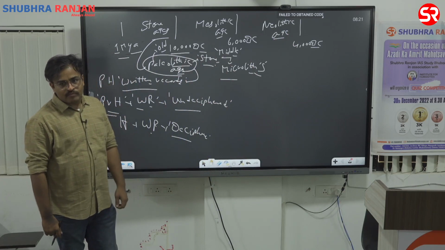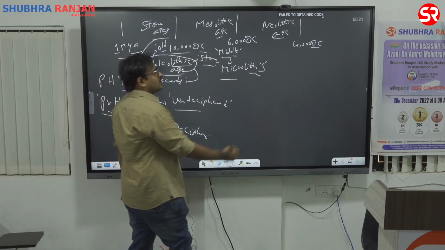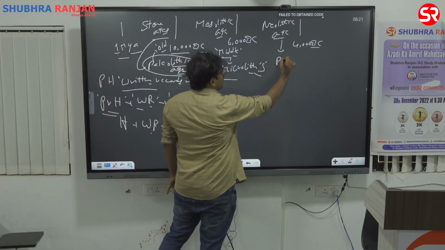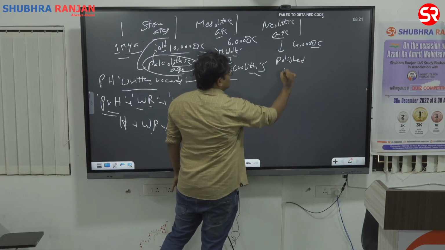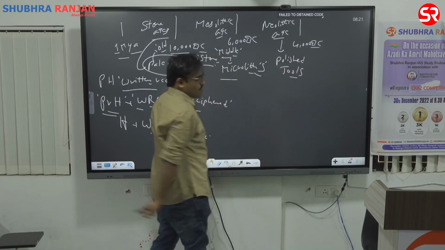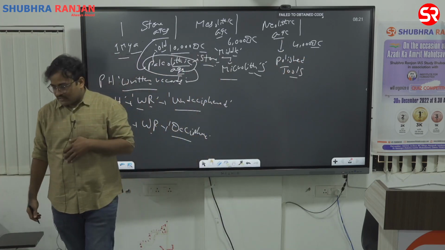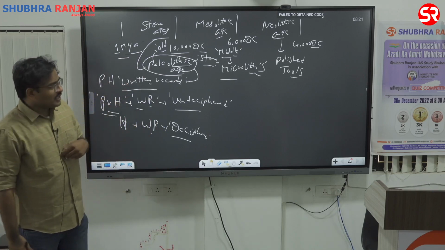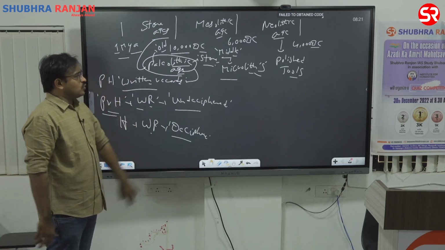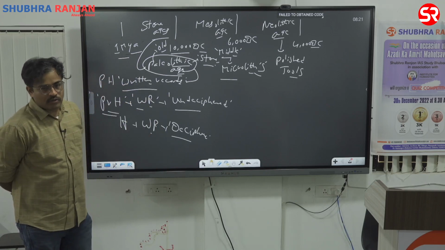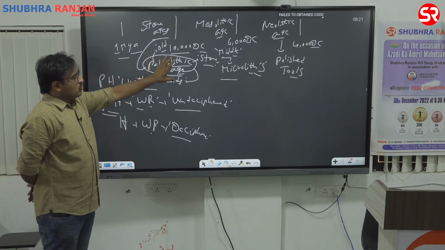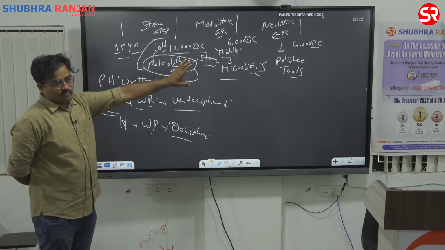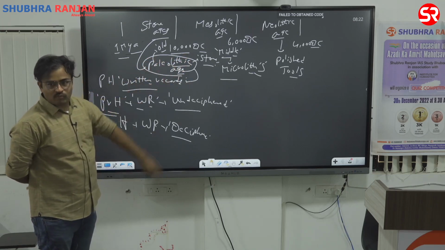Here the most prominent characteristic is the usage of polished tools. So the next stage is Neolithic, and the most prominent stone tools used are polished stone tools. From big stone tools to microliths to polished tools, this way the stone ages evolved from one to another.